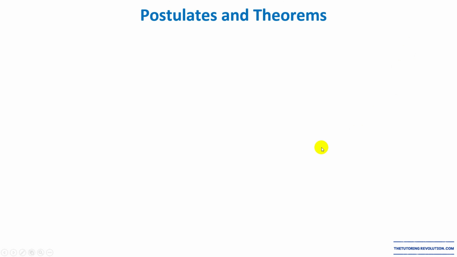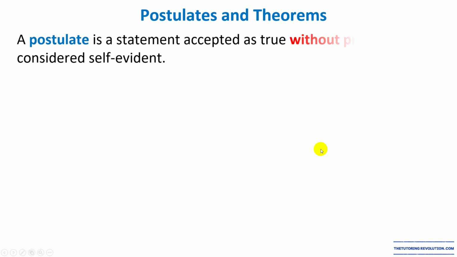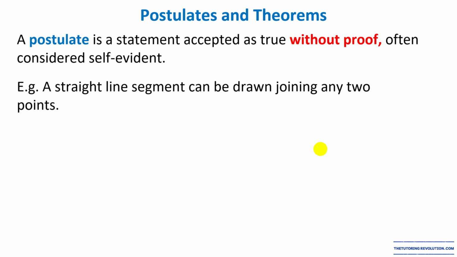Now let's go into postulates and theorems. These two concepts are important in this lesson. A postulate is a statement accepted as true without proof, often considered self-evident. For example, a straight line segment can be drawn joining any 2 points.